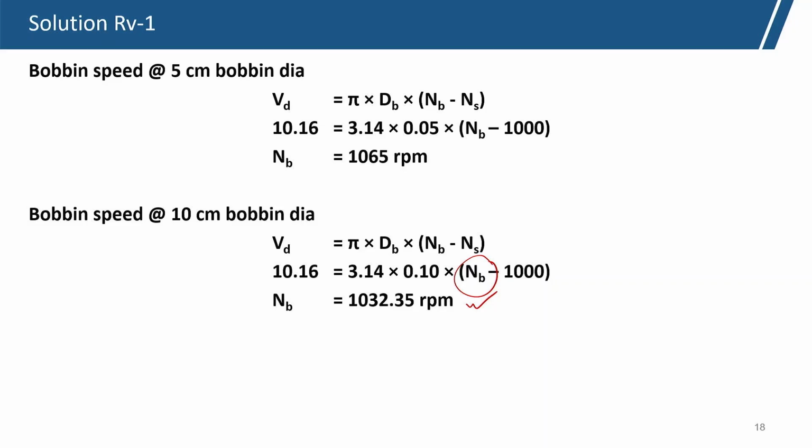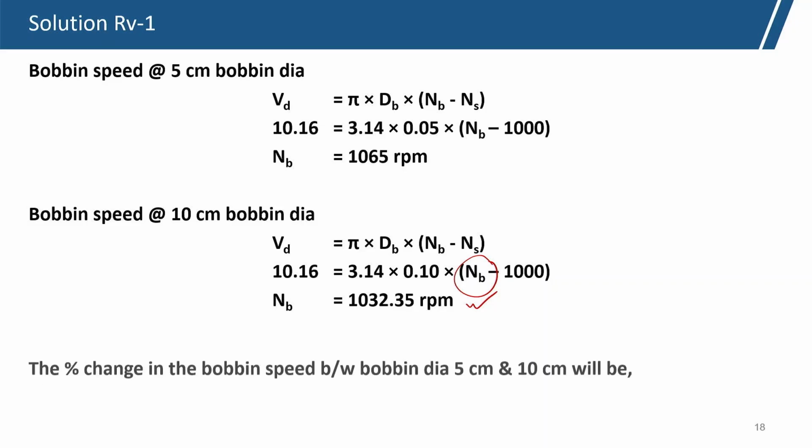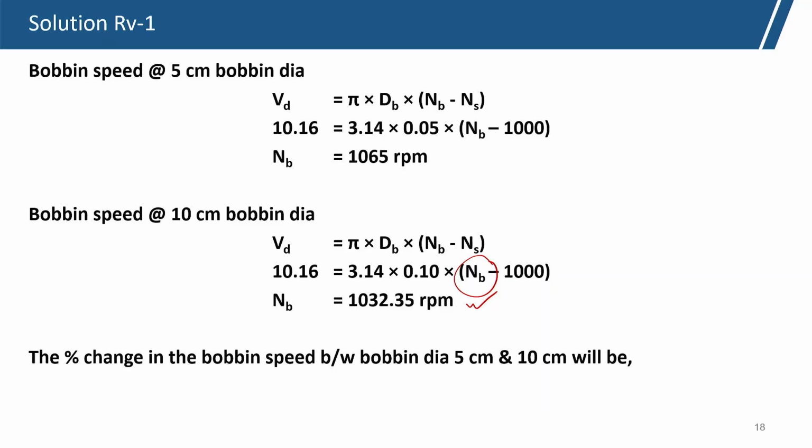Now, we can calculate the percentage change in bobbin speed between 5 centimeter diameter and 10 centimeter diameter, and what we will be getting is approximately 3%.